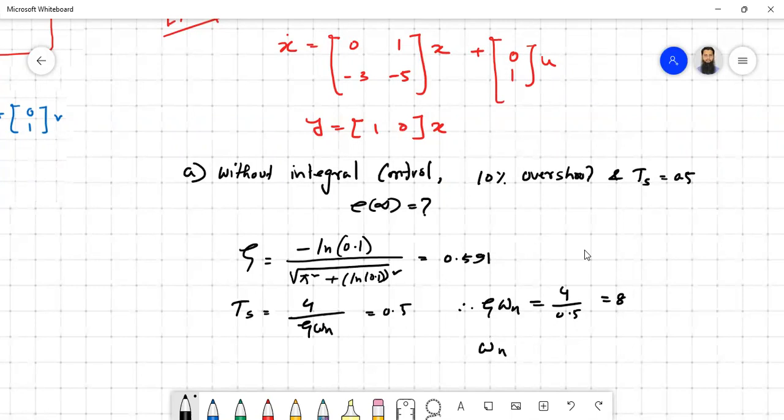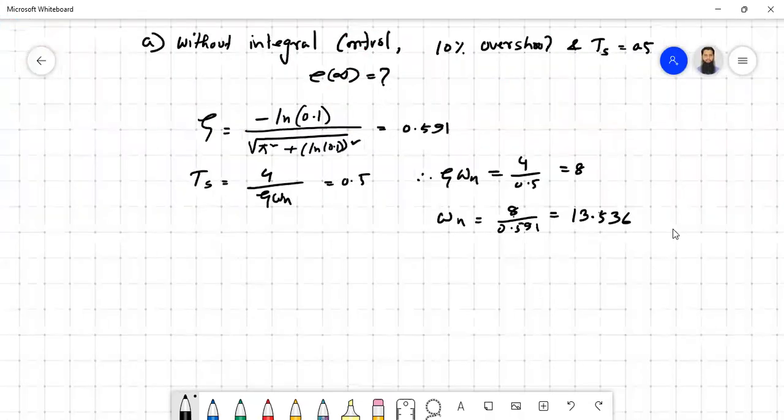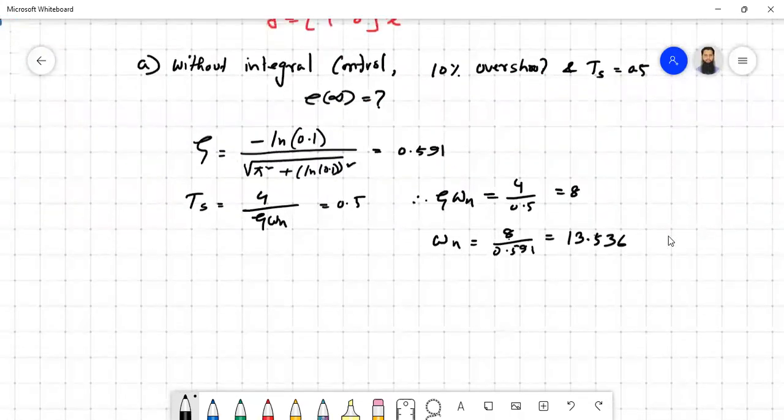So omega n is 8 by 0.591, so basically 13.536.